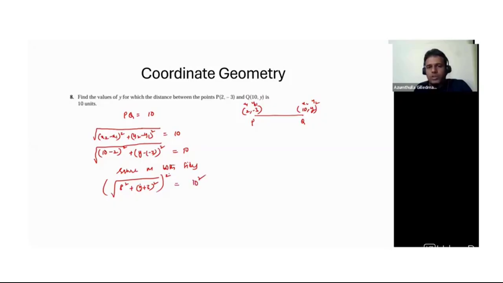So this becomes 10 square, and the square root gets cancelled. So 8 square is 64 plus y plus 3 whole square. I'm not expanding it yet. So this becomes 100. Now, can I say y plus 3 whole square becomes 100 minus 64, that is 36.